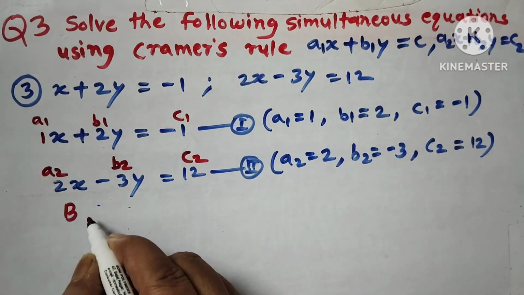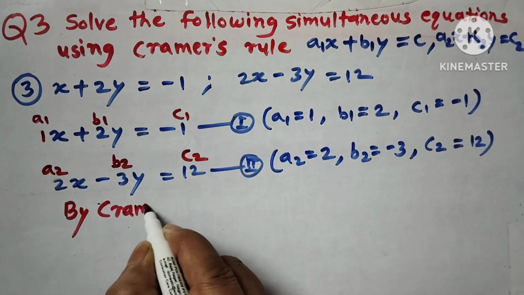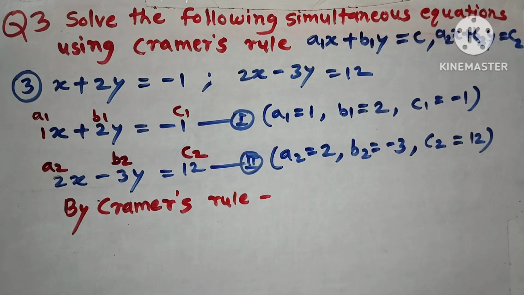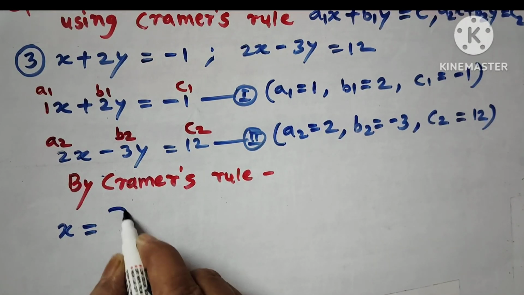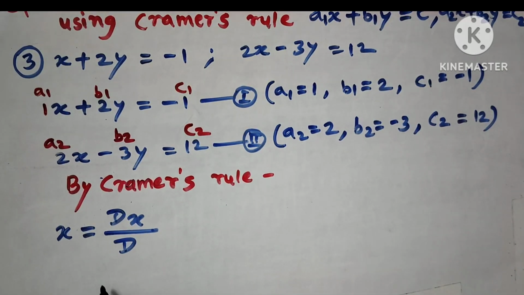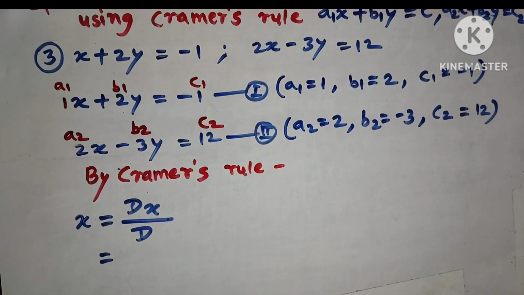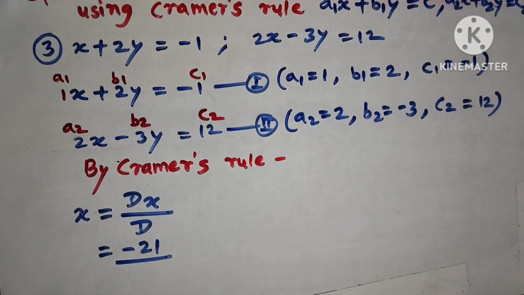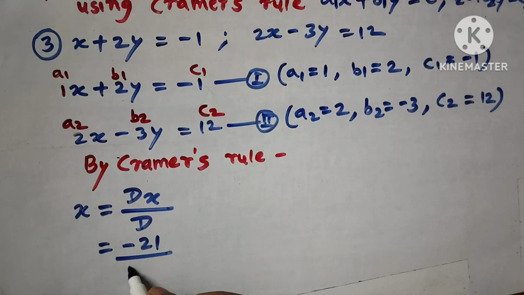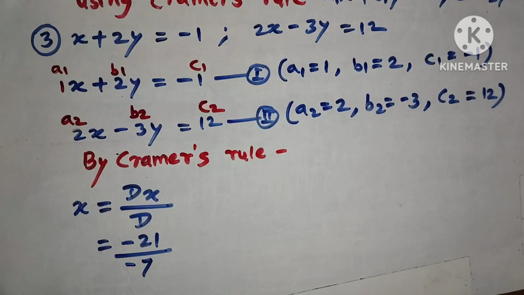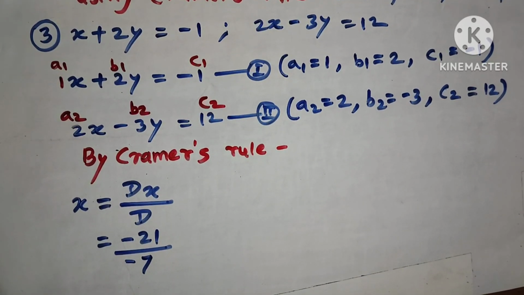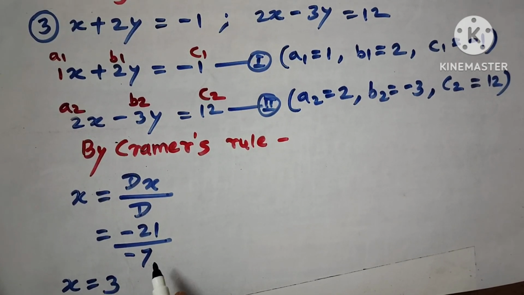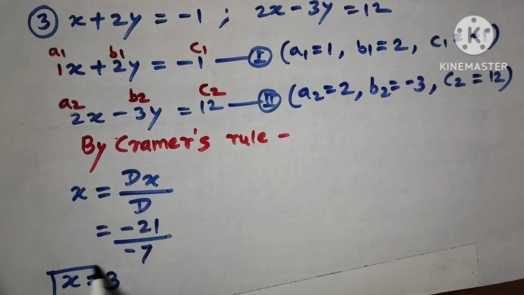By Cramer's rule, x is equal to Dx upon D, which is -21 upon -7. Then minus minus plus, x is equal to 3.